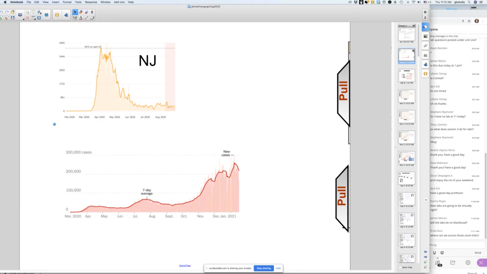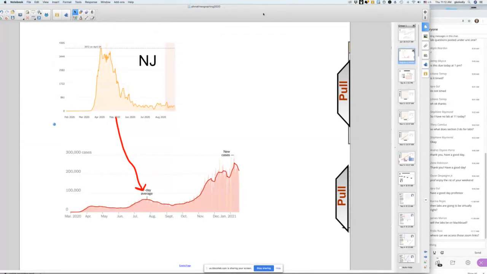So you can see what's happened to the cases since August. The 7-day average is over here. The scale is different here because the cases have gotten so much bigger than the ones over here. So basically, that's an example of a graph.